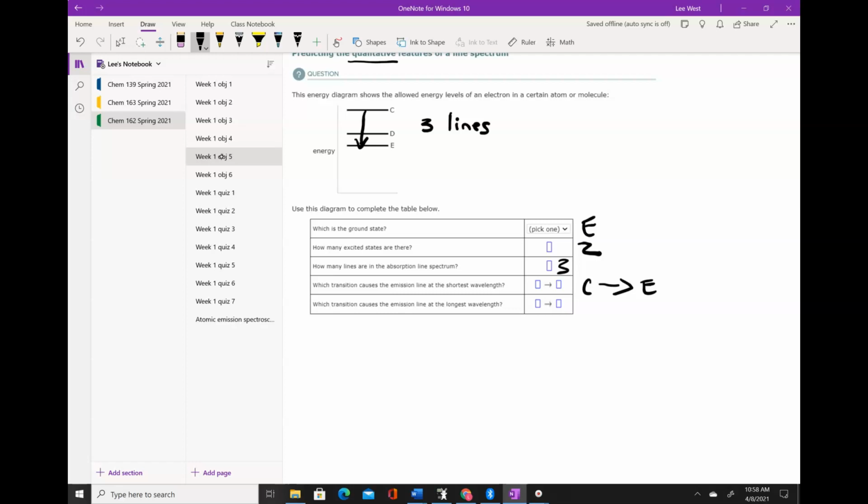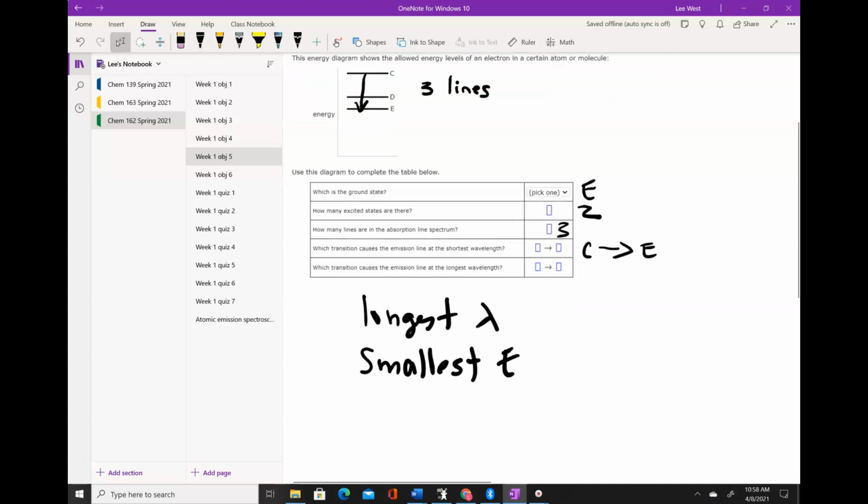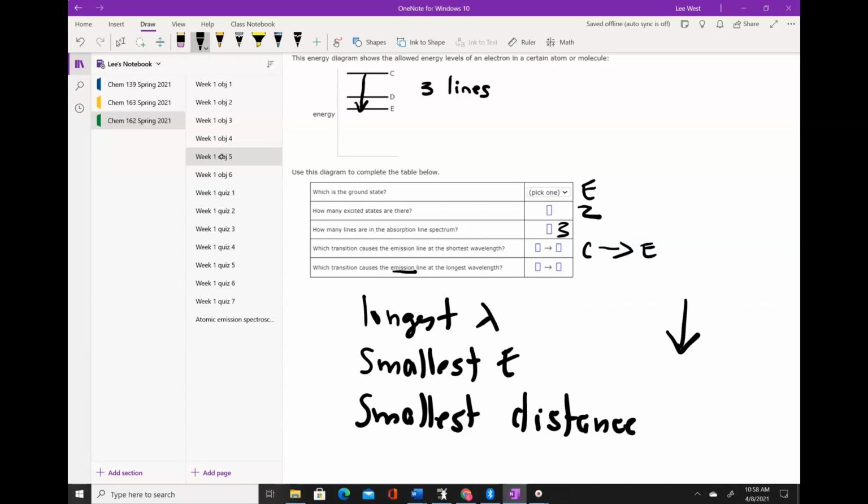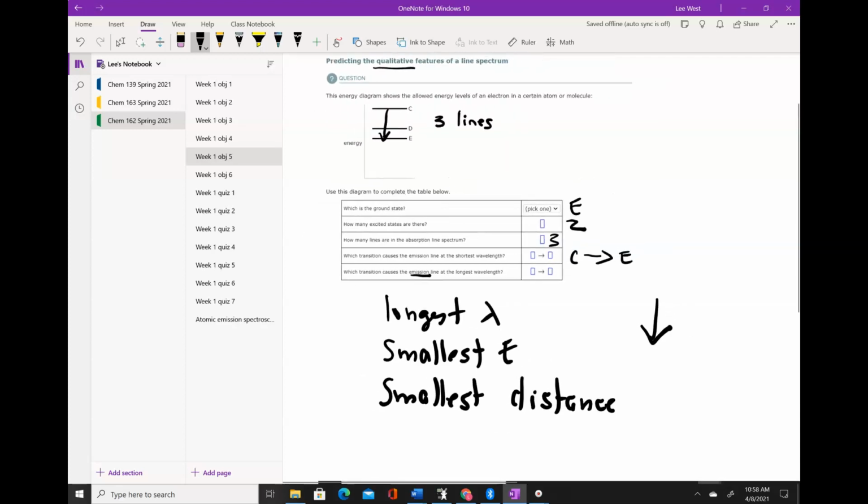What transition causes the emission line at the longest wavelength? So longest wavelength, right, means smallest energy, which means the smallest movement, the smallest distance that the electron moves. Okay, now this is an emission line, so the electron is moving downwards.